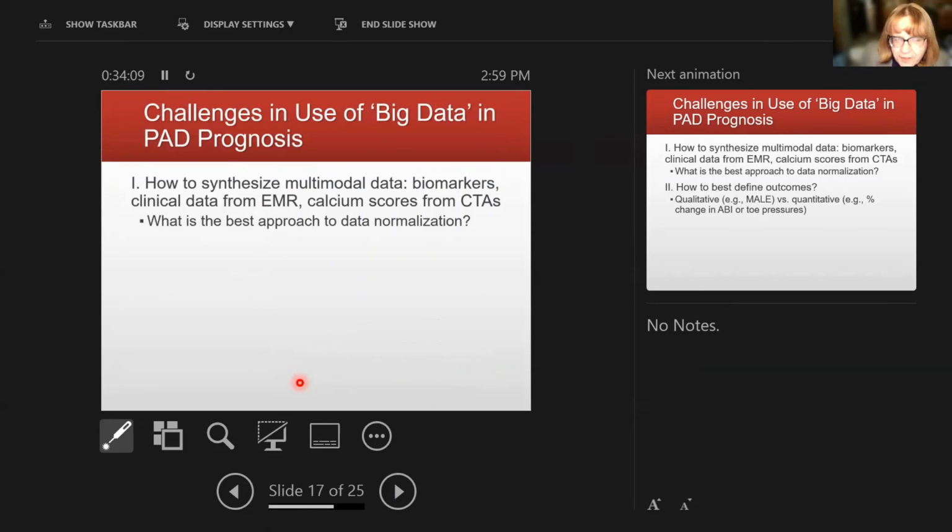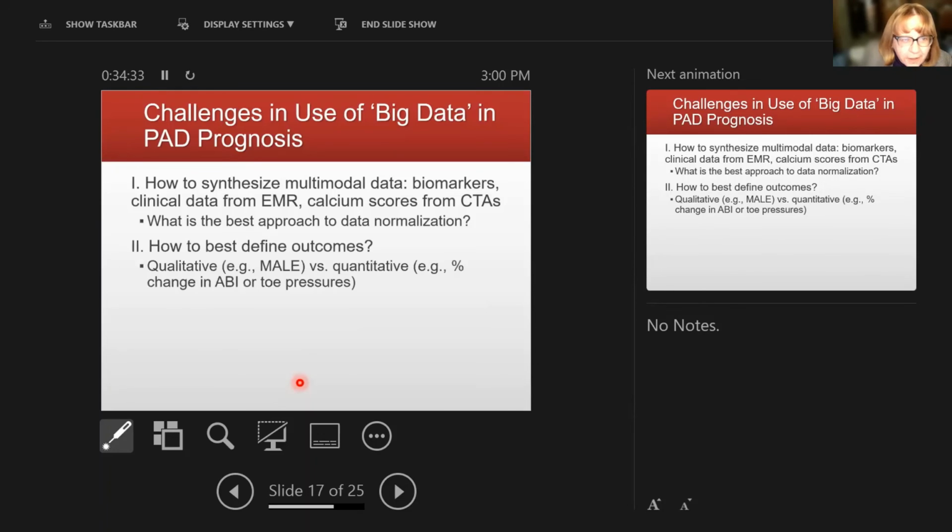Some of the challenges we face in this program are how to synthesize this multimodal data, including biomarker levels, clinical data from electronic medical records, and calcium scores, and how to go about normalizing data when some of it is continuous and some of it is categorical.